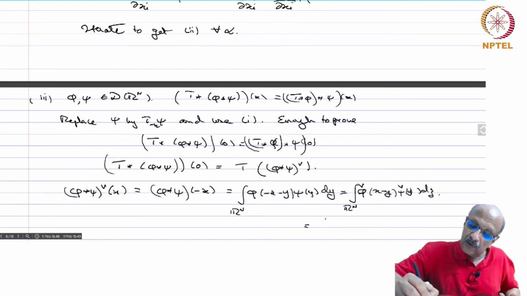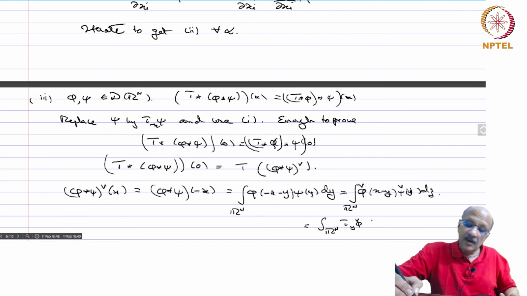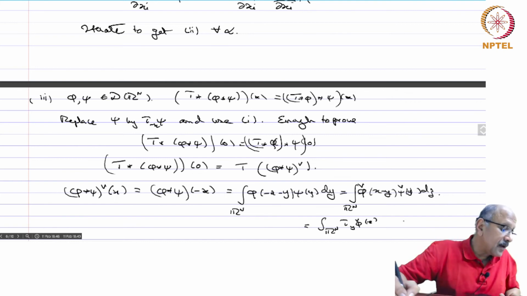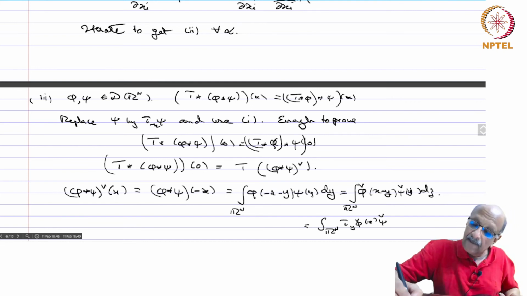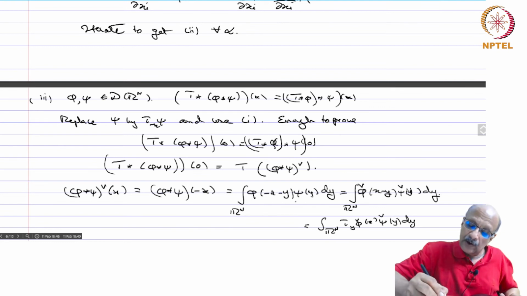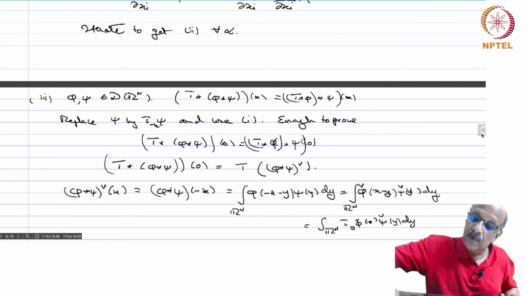So this is equal to the integral over Rn of tau y of phi chesh at x, and psi chesh of y dy. Sorry for that. So I made a change y to minus y, and then I wrote it in a slightly different form.